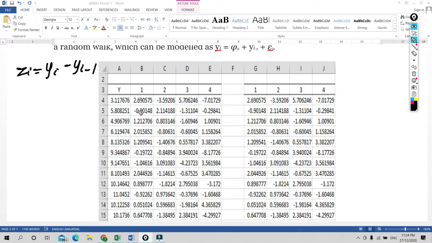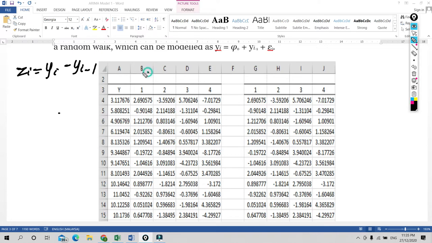For the second order difference, you just pick up the first order differences and subtract them.